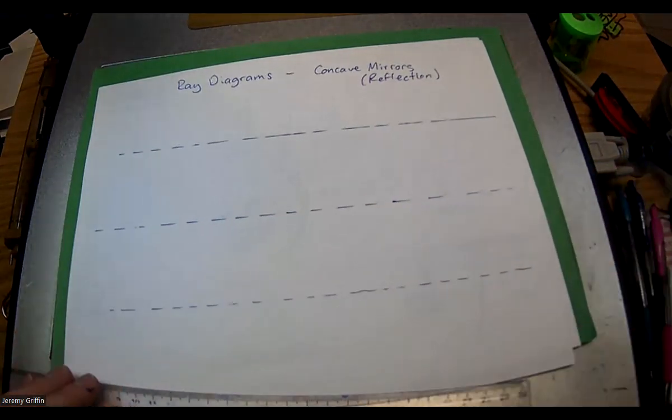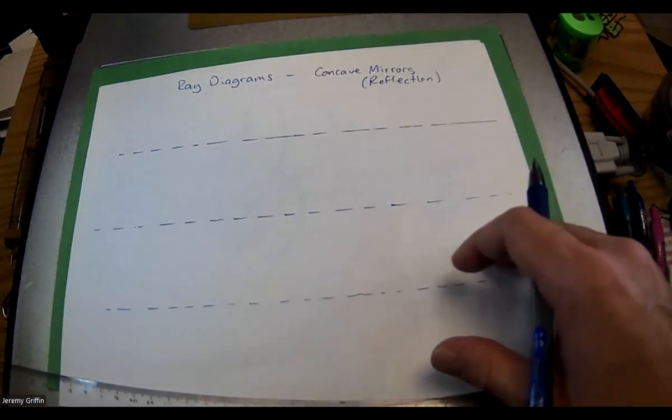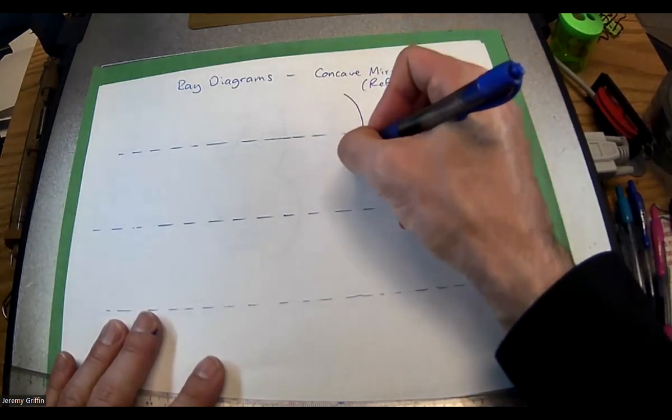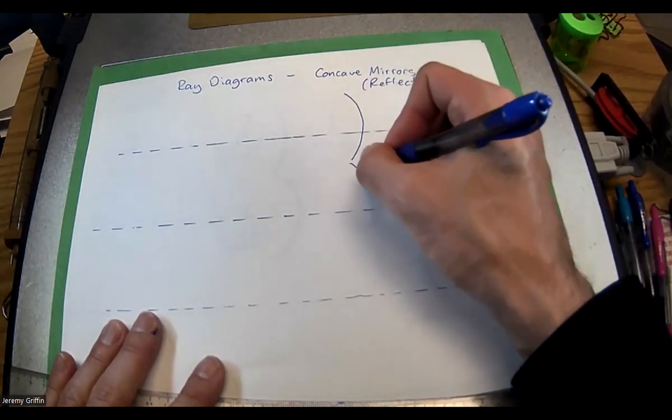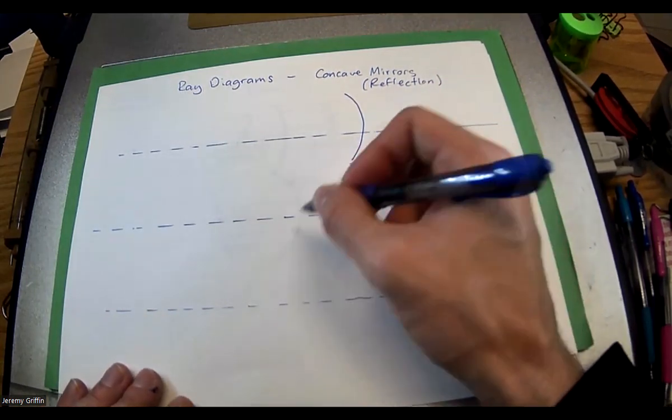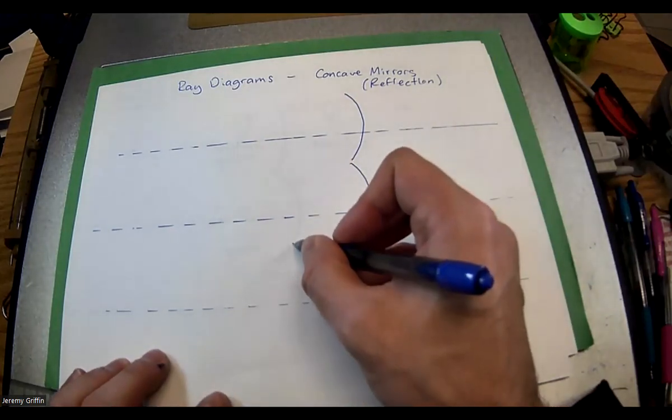Now, concave is a bit more interesting because you can get different categories of answers depending on where the object is compared to the focal point. But the 3 that we just did are categorically pretty close to each other. That's not going to be true for what we're going to do here. So let's put the mirrored surface right here. The second one I'll do the same. And for this third one, I'm going to back up the mirror to about the middle of the page and make it a little bit bigger.